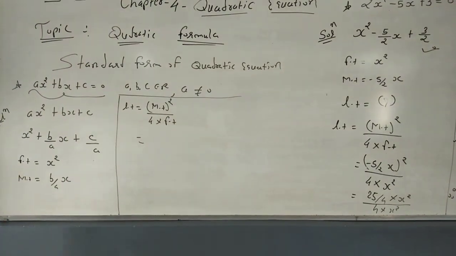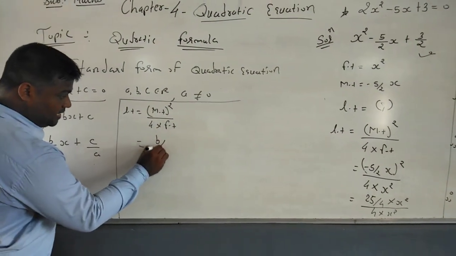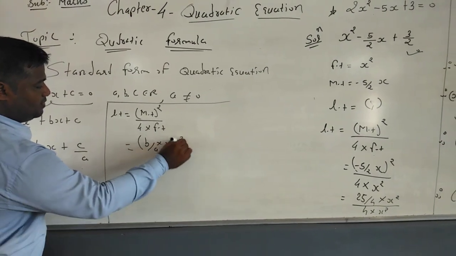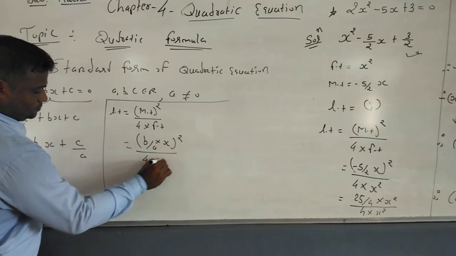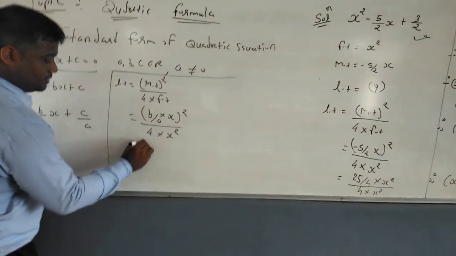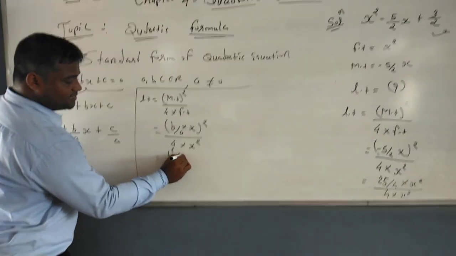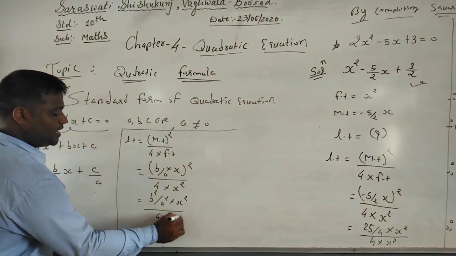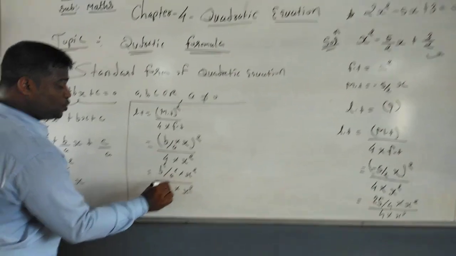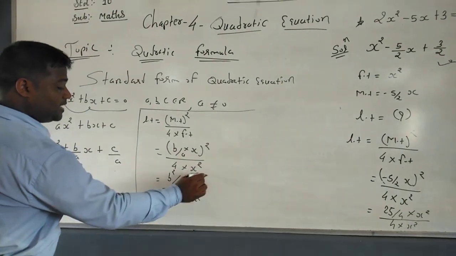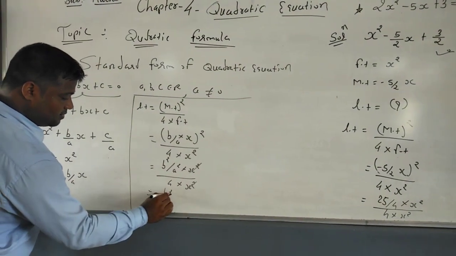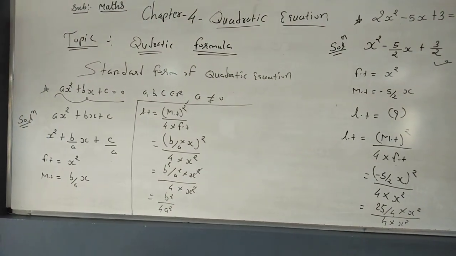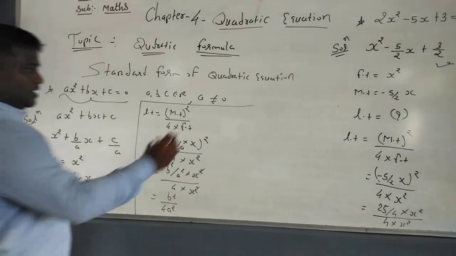What is mt of yours? b by a multiplied by x, to the whole square, upon 4 into x square: b square by a square x square upon 4 into x square. Now this x square is going to become the denominator and get cut. So b square by 4a square, b square by 4a square.